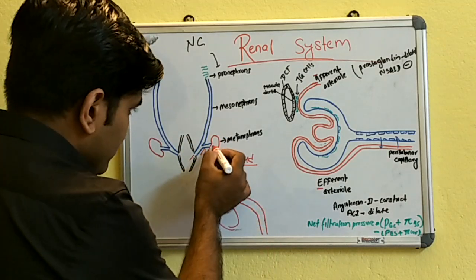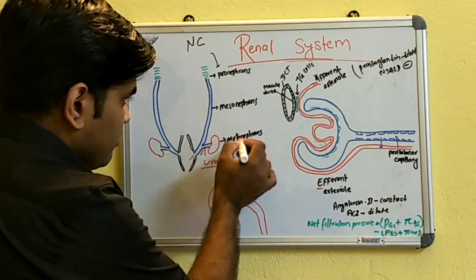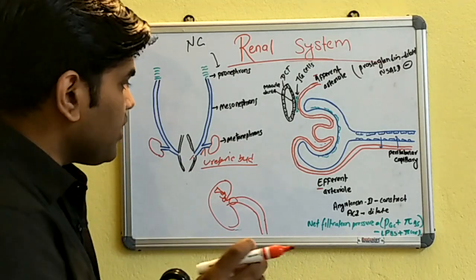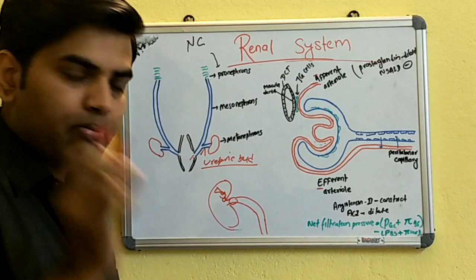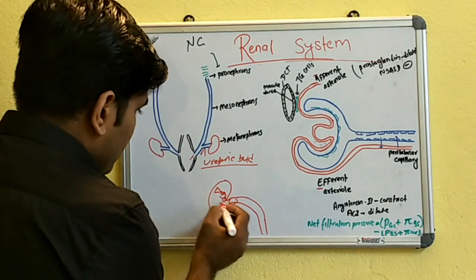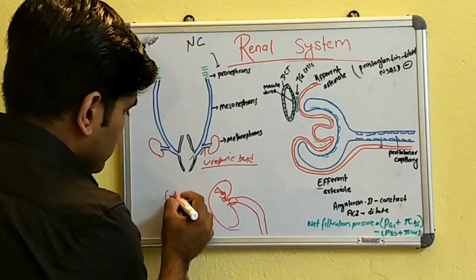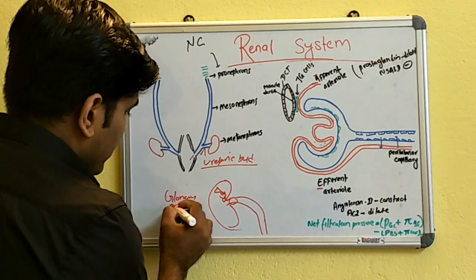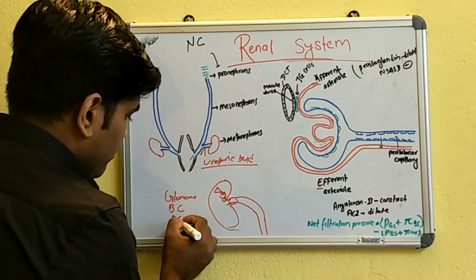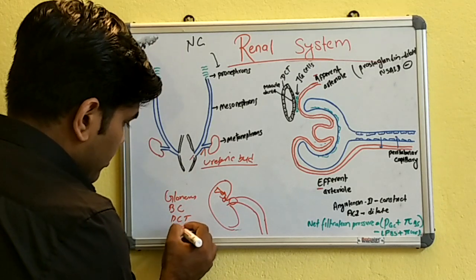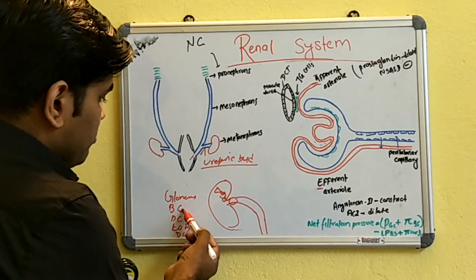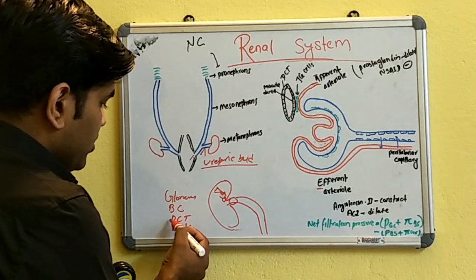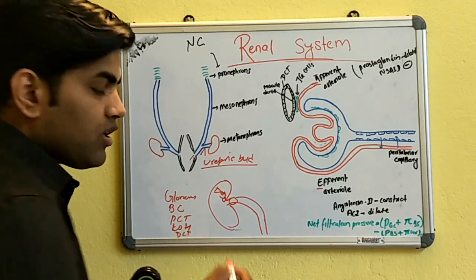Whereas after this portion, the metanephrons, the metanephric mesenchyma or blastema, will form the other parts like the glomerulus, Bowman capsule, proximal convoluted tubule, loop of Henle, and distal convoluted tubule.